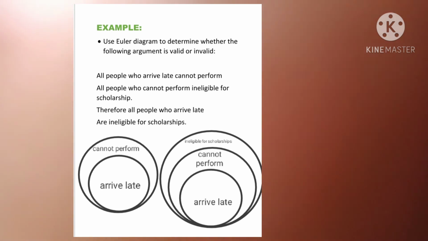The circle of people who arrive late is located inside the circle of those who cannot perform. And now I have an Euler diagram for the second premise. All people who cannot perform are ineligible for the scholarship. So this is a valid Euler diagram, and it shows that the argument is indeed valid.